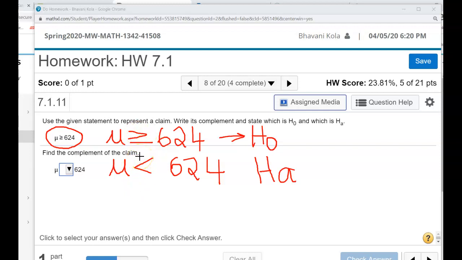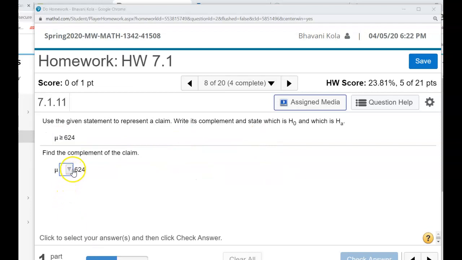So your step one should be writing this down on pen and paper, and then go back and plug in. I'm assuming you did write down your H naught and HA as well. Let me check what the complement is. The first one is my claim. The second one is its complement. If the claim is greater than, the complement is less than.